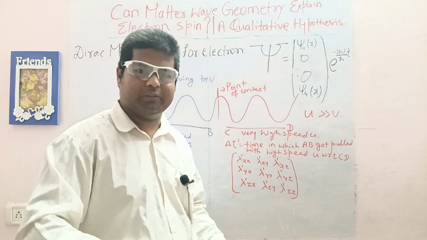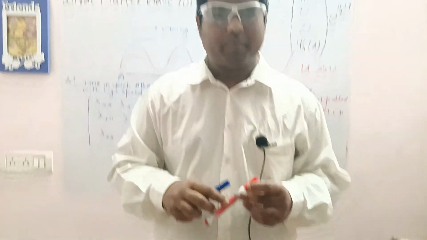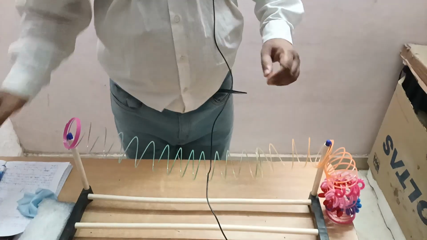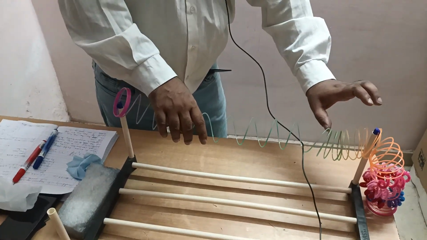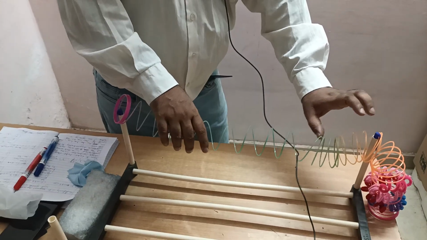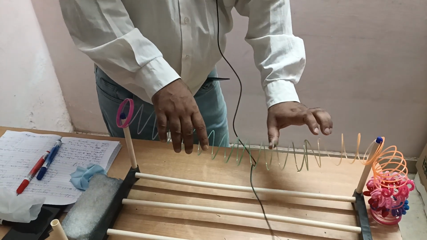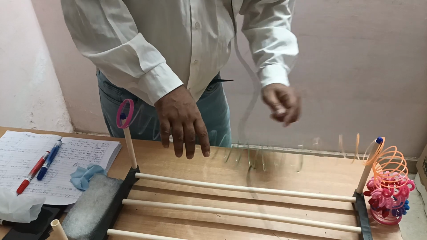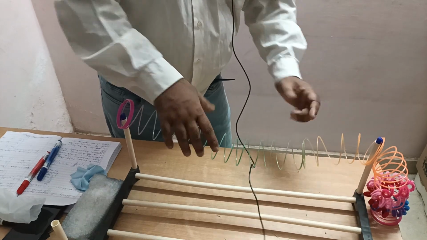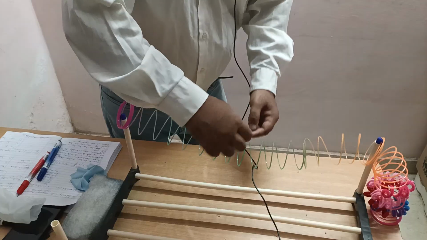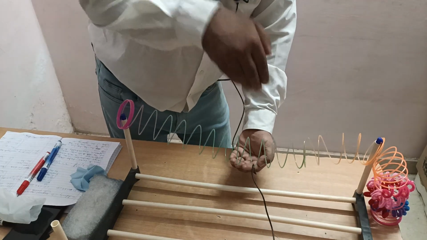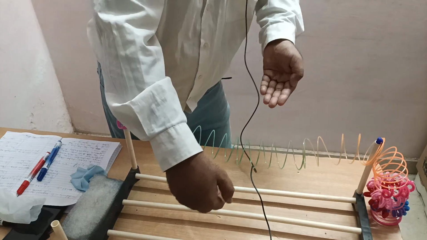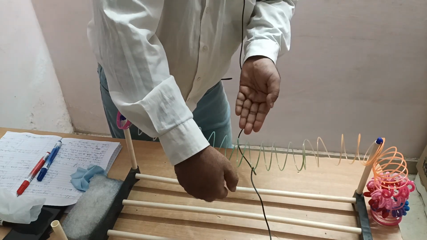Tilt it down once. See here. If it's expanding along this direction, so the wavelength along this is xx, and it shrinks. So this is yy wavelength, and this is zz. This is yz.